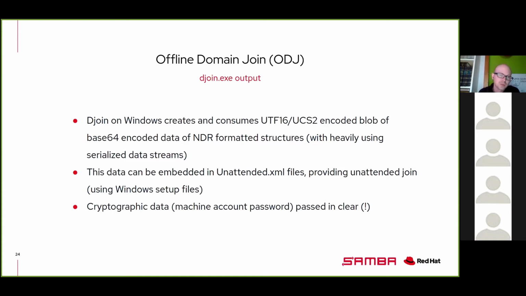I tried to create these blobs, these structures, by encoding them with UTF-8 or something like this, and Windows will not accept them, so they really need to be UTF-16. There's no way around this specific way of exchanging this information if you want to use the djoin tool on Windows and the underlying library calls.